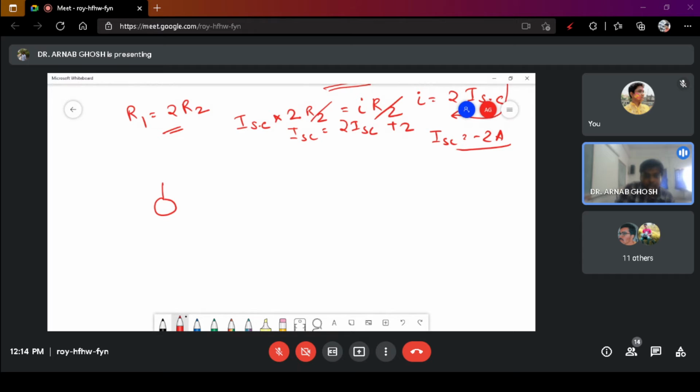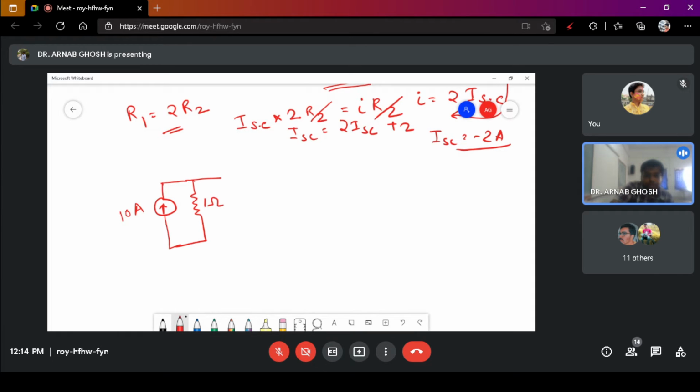Say you have here a 10 ampere source. And say you have another resistance in parallel here of 1 ohm.